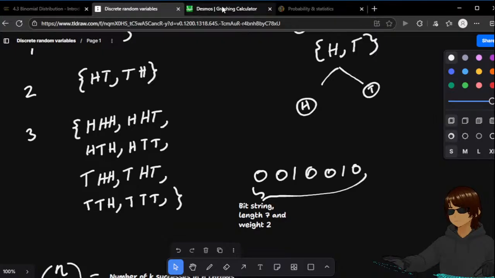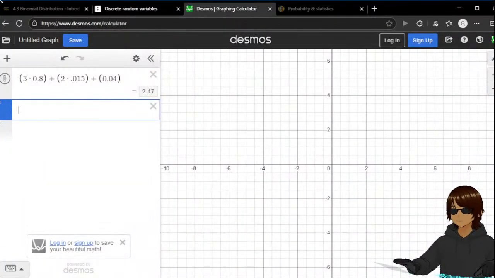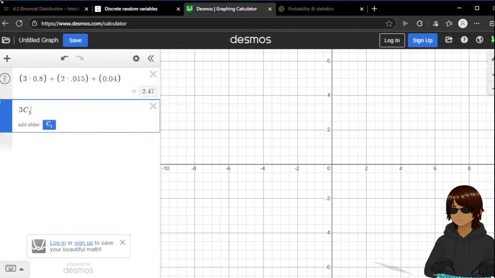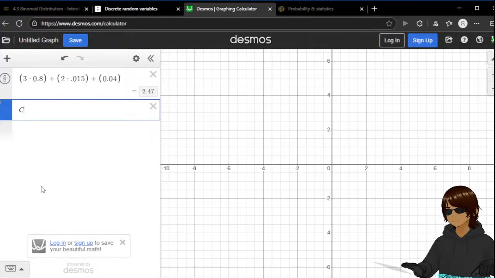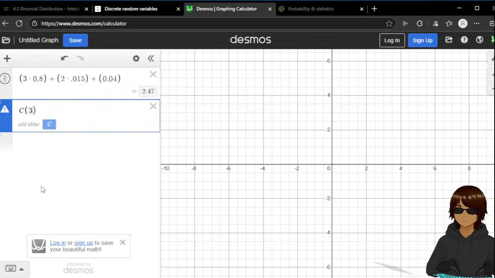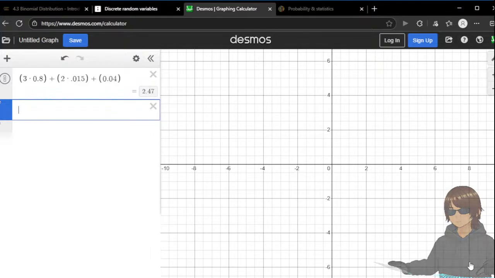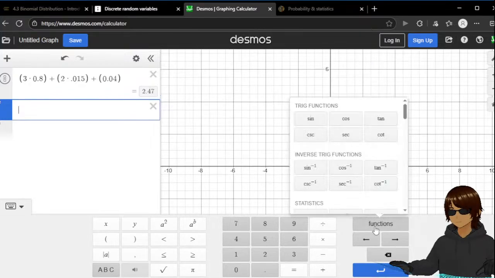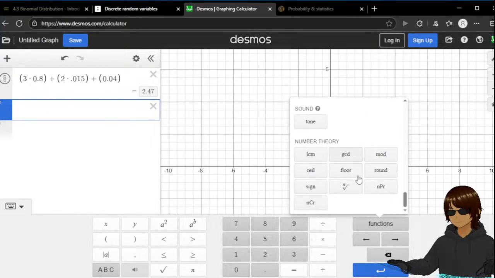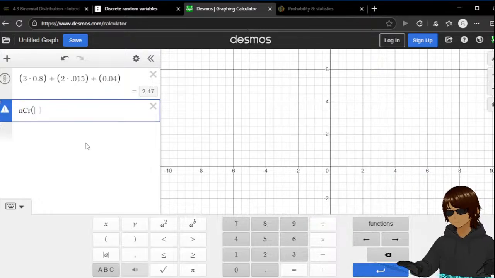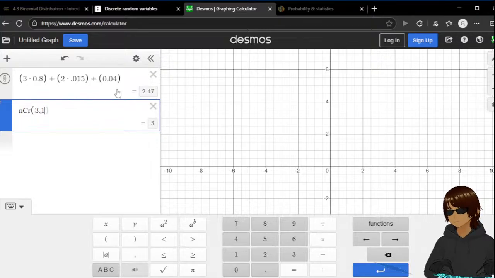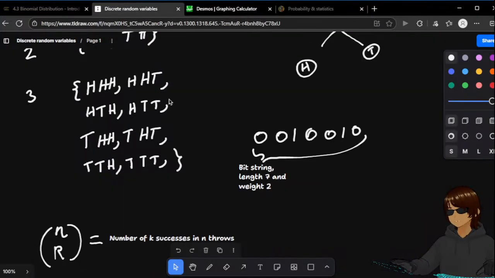N choose 1. Well, 3 choose 1, which is 3.